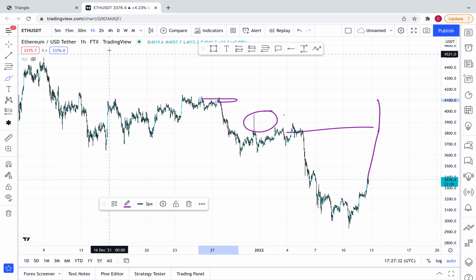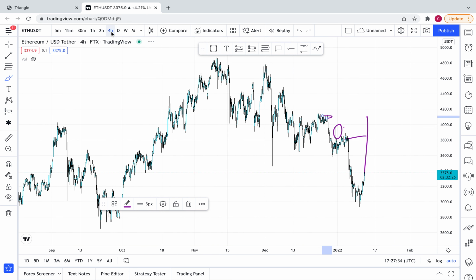So let us see how this looks in the 4 hours. Do you see? It's close to the bearish breaker and bearish order block. It was even close.